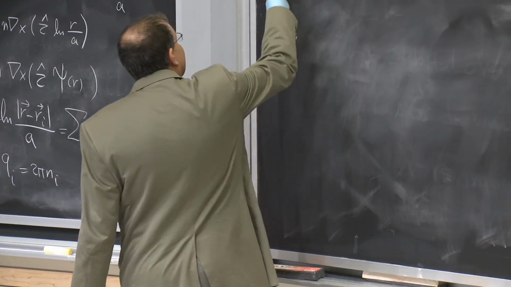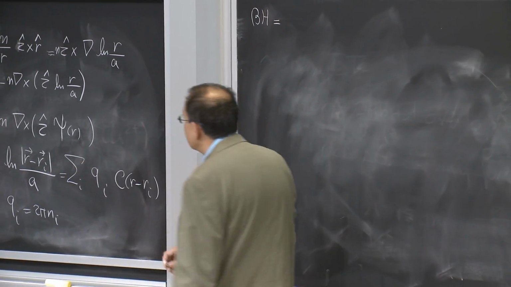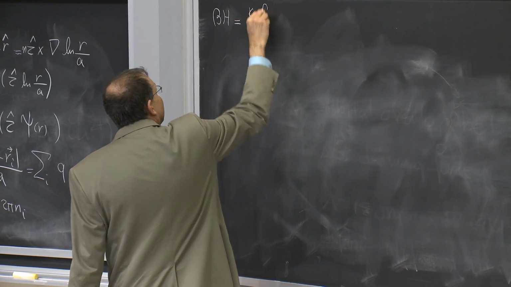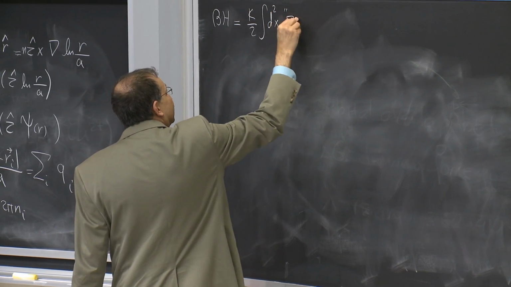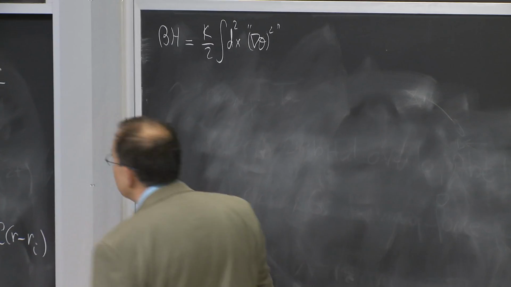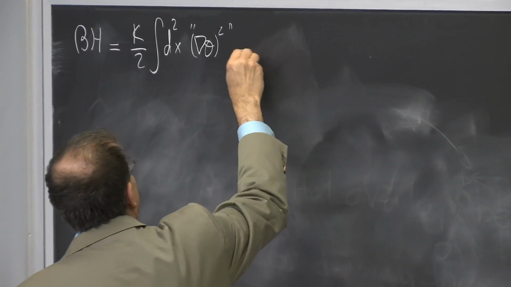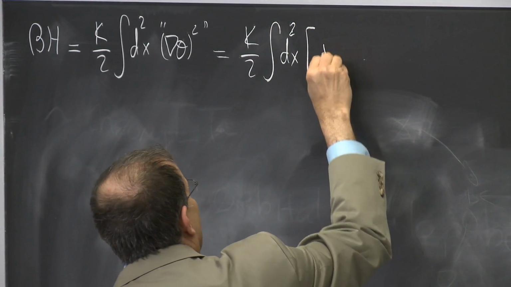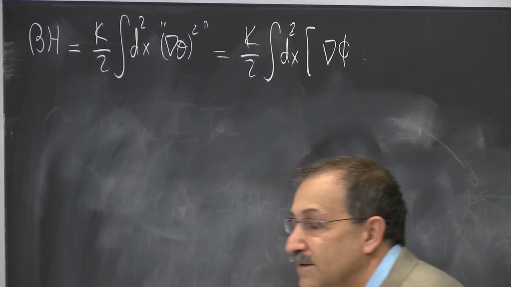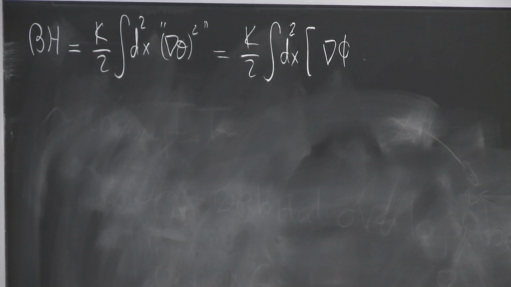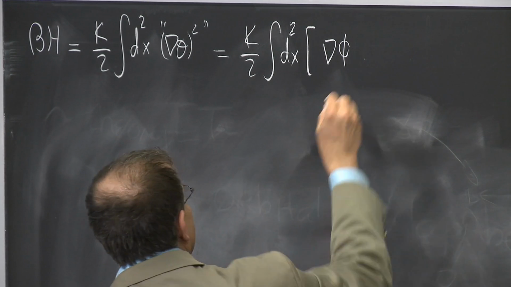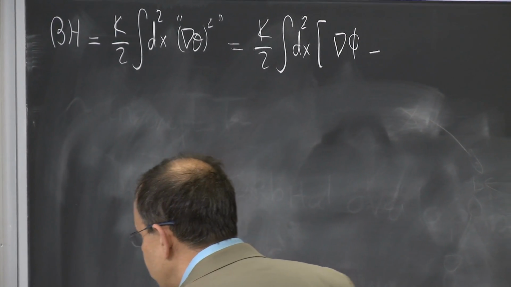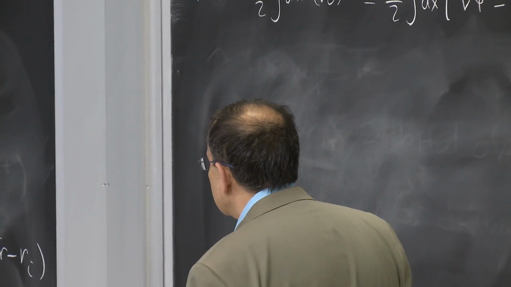So I can construct a cost for creating a configuration. Now, previously, I had this integral gradient of theta squared in the continuum. And my gradient of theta squared has now a part that is the gradient of a regular well-behaved potential, and a part that is this field U, which is minus curl of z hat psi of r.